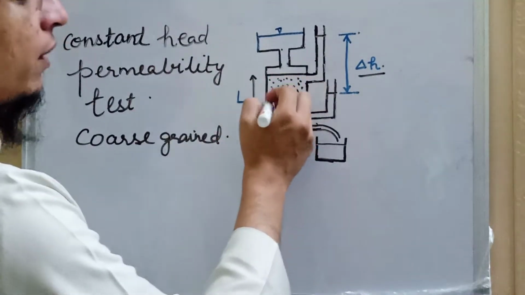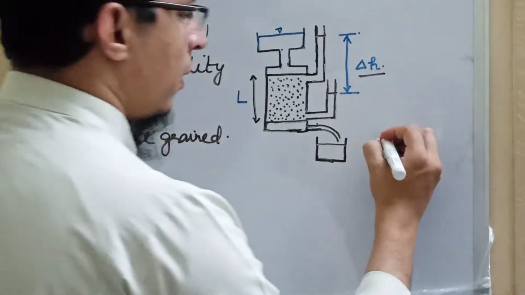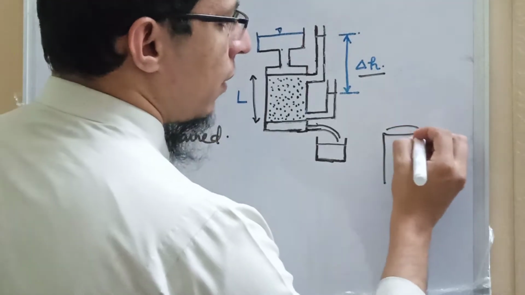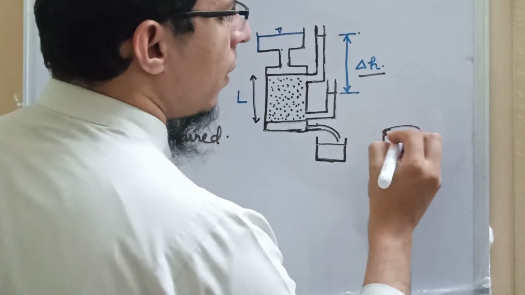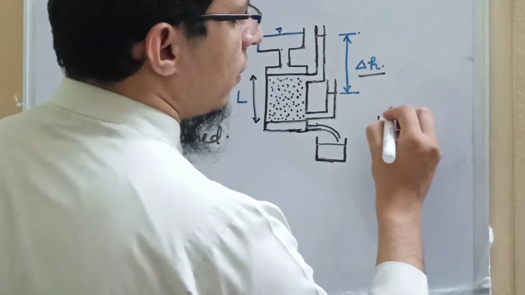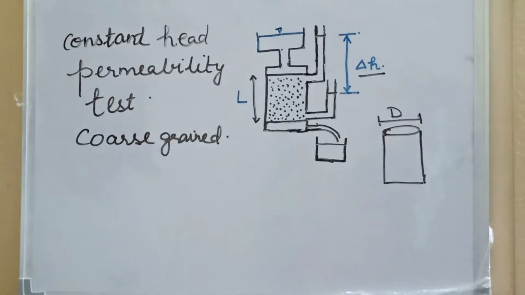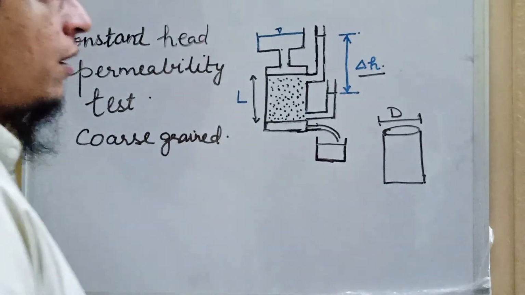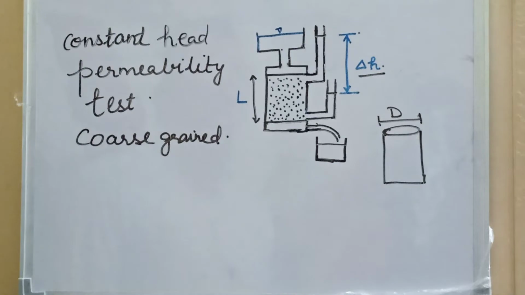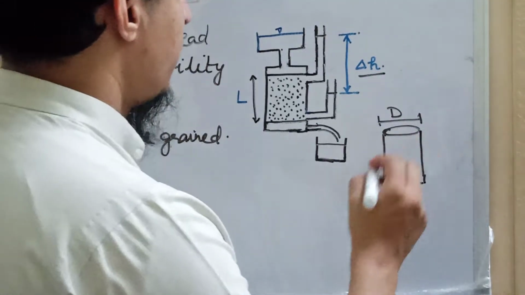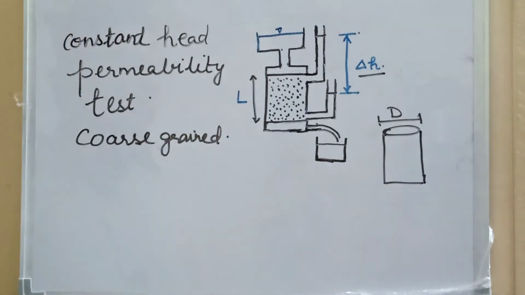Here we place the soil sample in a mold. Here we have a mold which has an internal diameter capital D. This diameter can be calculated or measured using the vernier caliper, and we place the soil sample within this mold.